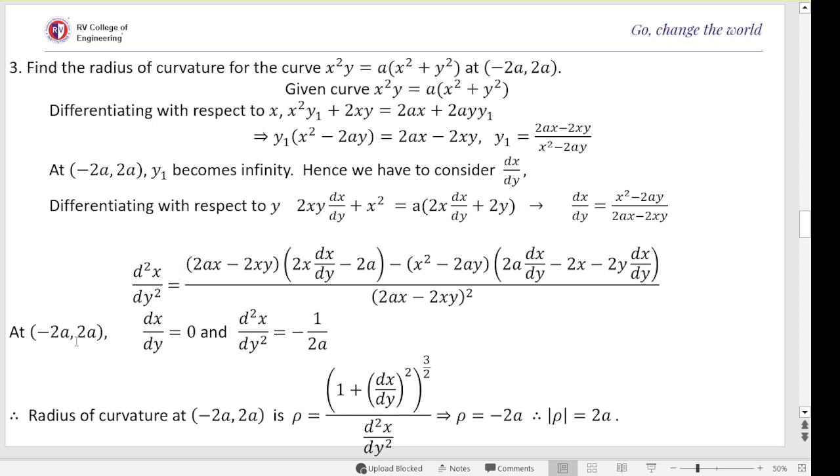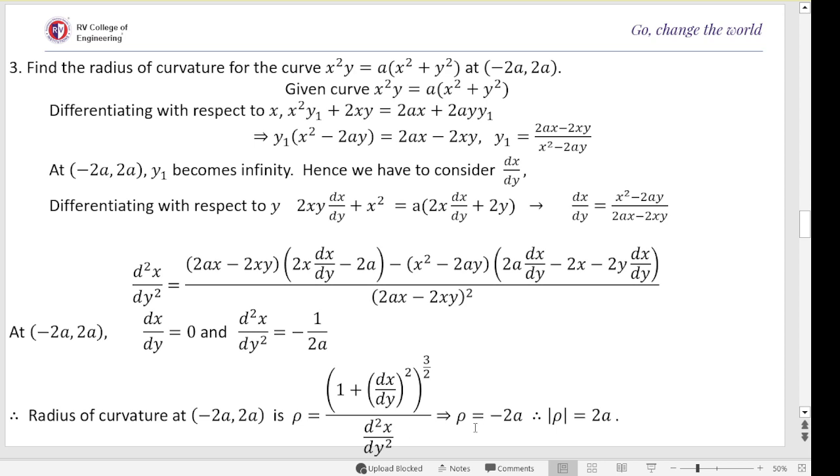Now at (-2a, 2a) we have to find dx by dy. You will get it equal to 0. And for d square x by dy square, since dx by dy equal to 0, substitute that and substitute x equal to -2a, y equal to 2a. You will get d square x by dy square is minus 1 by 2a. So the radius of curvature at (-2a, 2a) is rho equal to 1 plus dx by dy square, power 3 by 2, divided by d square x by dy square.